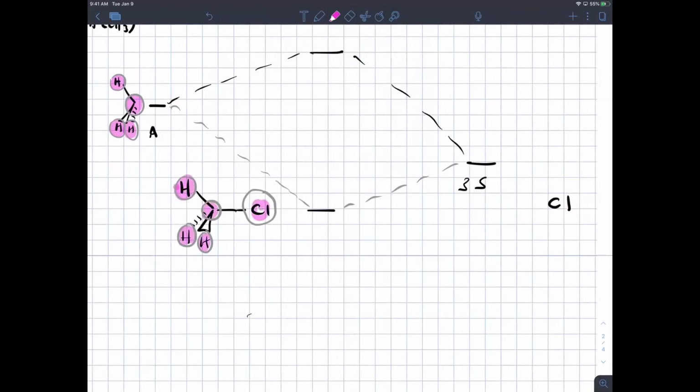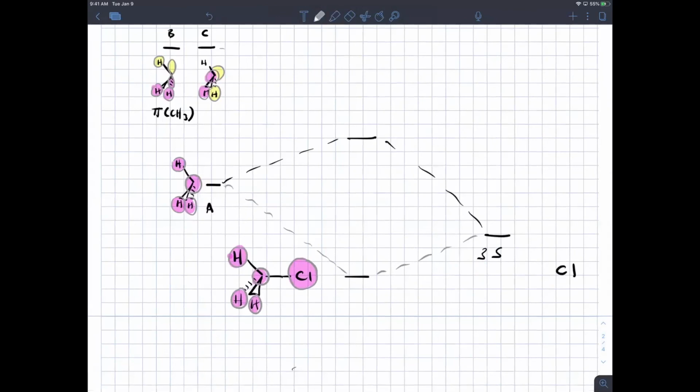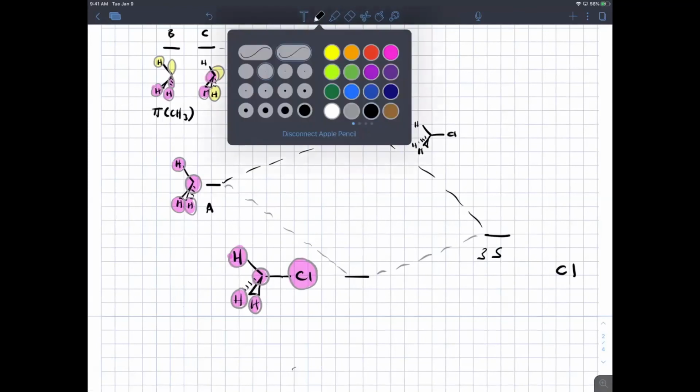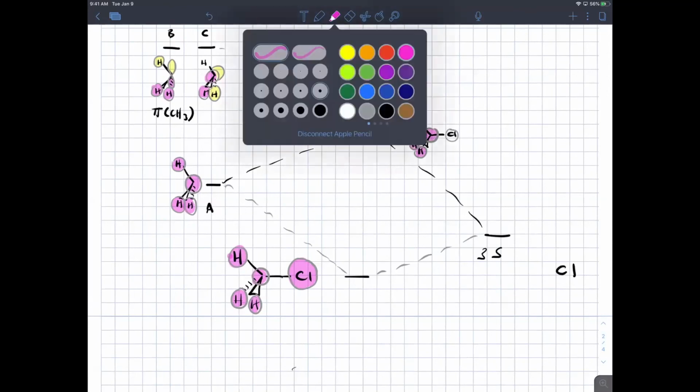And then for the out of phase arrangement, the sort of minus combination, we'll draw it with more of that higher energy orbital on carbon than on chlorine. It's very subtle.